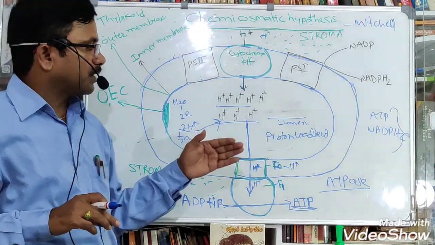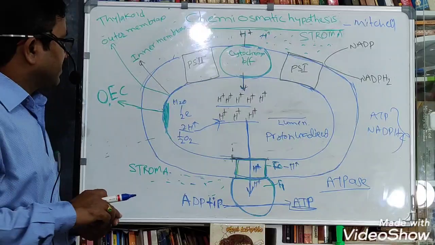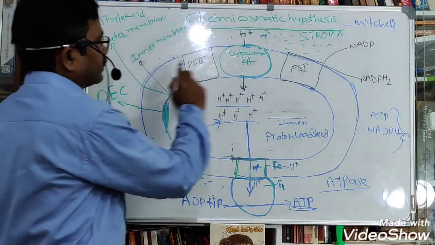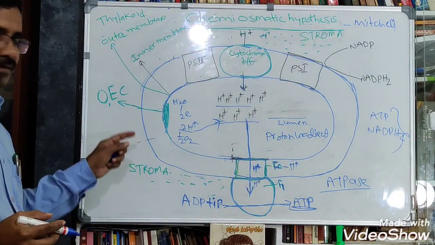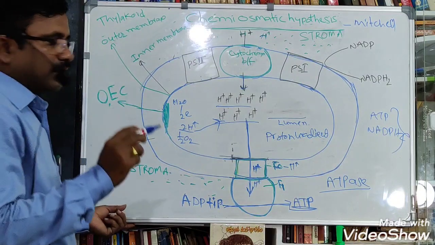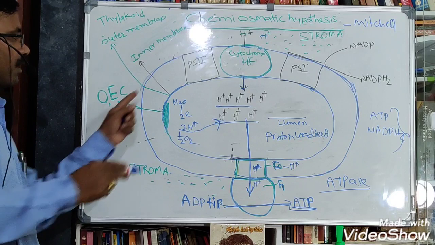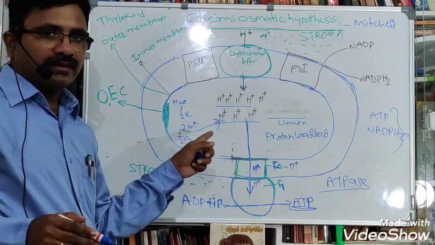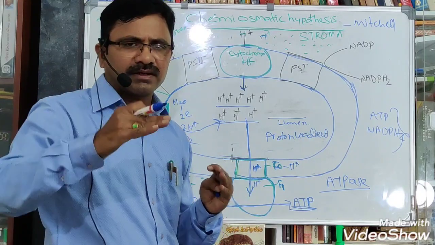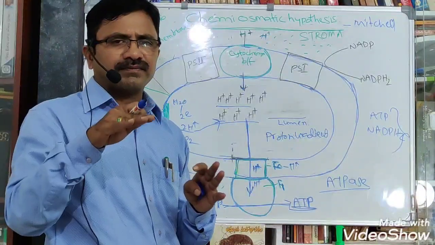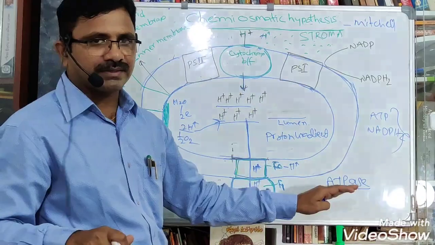So how is the proton gradient formed? Let us discuss in detail. First, this is an illustrating picture of a thylakoid. It is a miniature picture of a thylakoid. The thylakoid shows two membranes, outer membrane and inner membrane. I already told you that electron transport, whether cyclic or non-cyclic, takes place across the thylakoid membranes.